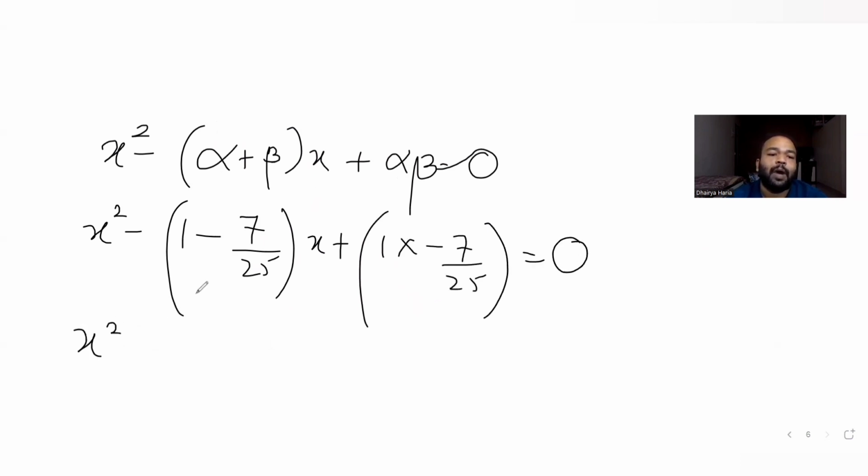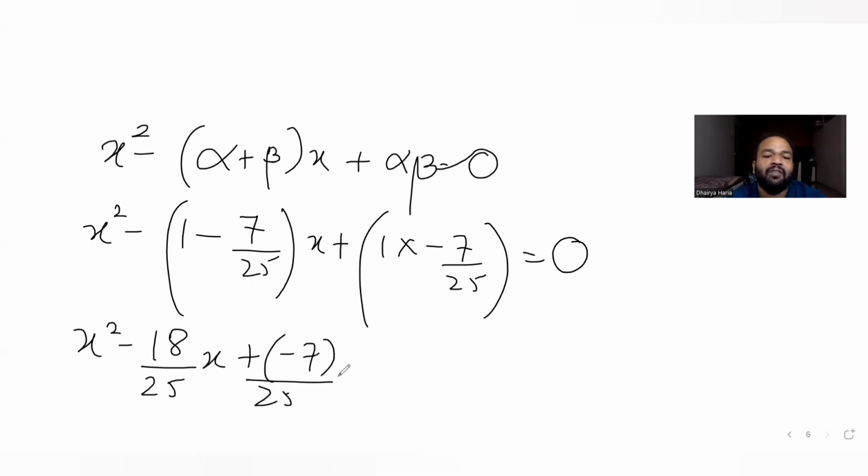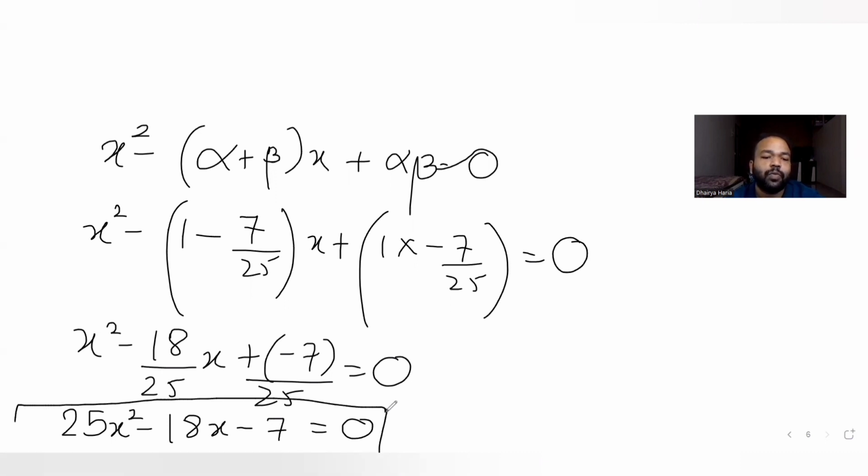So you get x square minus, this becomes 25 minus 7, so 18 by 25 x plus minus 7 by 25 is equal to 0. If I multiply throughout by 25, I get 25x square minus 18x minus 7 is equal to 0.